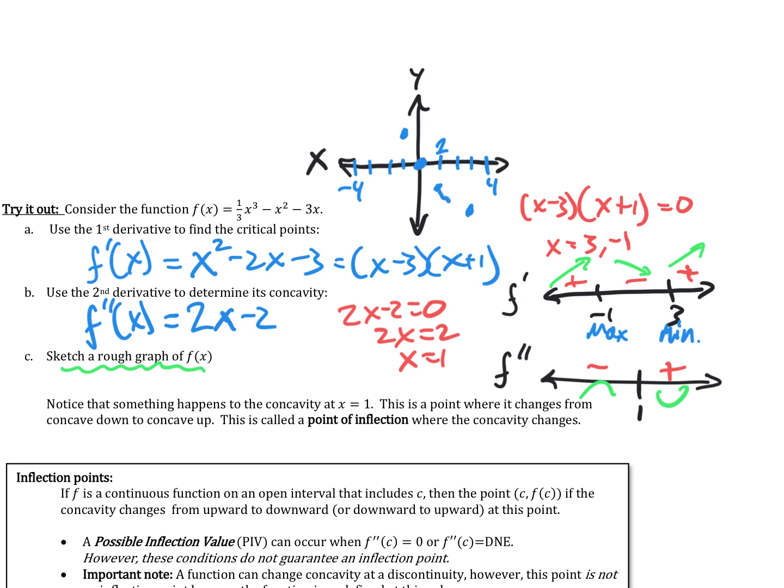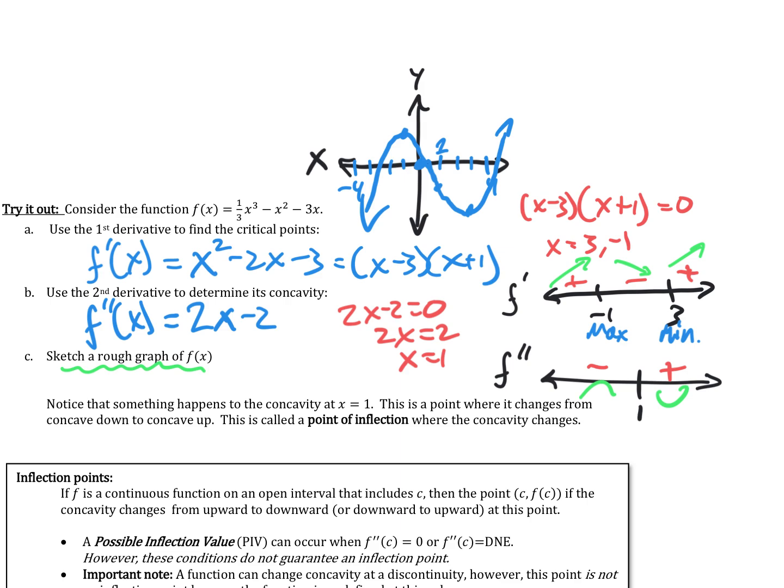So that means that it's going to be concave up here, and it's going to change to concave down there. Now, we didn't find these points exactly, so this just gives an idea of what the curve would look like. Okay, now we're going to have a max here, a min there. If we wanted to, we could plug in 1, plug in negative 3, and find the actual heights, but we'll leave it at that for now.